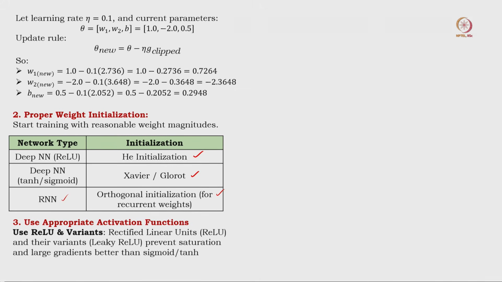The next technique is you can use an appropriate activation function, which is ReLU or the variants of ReLU. However, this is not applicable to RNN, because in RNN we will be using tanh. I am talking about in general how you avoid exploding gradients, not specifically with respect to RNN.